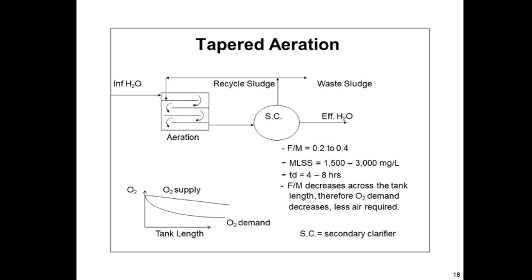Okay, so tapered aeration has various advantages. The first one is less air required, then lower cost of operation, and avoidance of over aeration. Okay, so you can see these are the various advantages of tapered aeration: less air requirement, lower cost, and avoidance of over aeration.